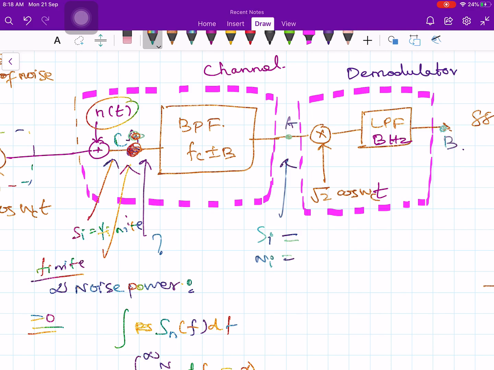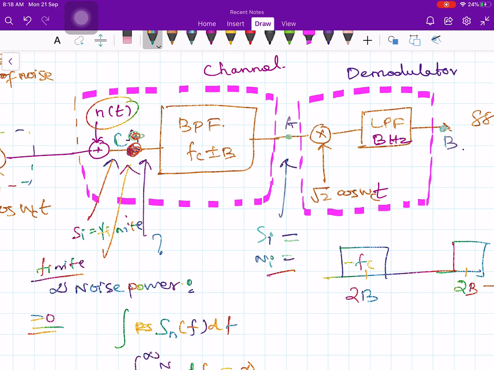So let us try to calculate the input signal power to the demodulator, which consists of a multiplier followed by a low pass filter, and the noise power. After the band pass filter, it is very easy to calculate the noise power, as we just calculated. You have the band pass filter response like this. This is 2B and here also 2B, and the center frequency is Fc and minus Fc.